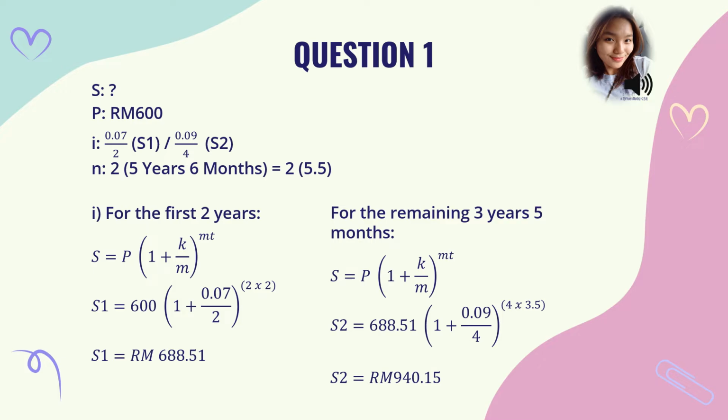Second step is we need to find the S for the remaining 3 years, 5 months. We'll be using the same formula in step 1, which is S equals to P bracket 1 plus K over M power of M times T. Then we substitute the value P with S1, which we had already done earlier in step 1, which is 688 ringgit 51 cent bracket 1 plus 0.09 over 4 power of 4 times 3.5.